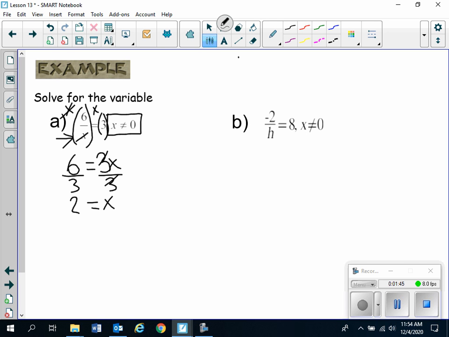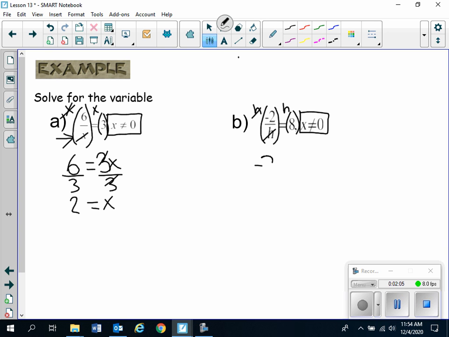Question B, same thing. This x cannot be 0. It's just letting us know that the variable on the bottom can't equal 0. So in order to undo dividing by h, we're going to multiply by h. What we do to one side, we do to the other.